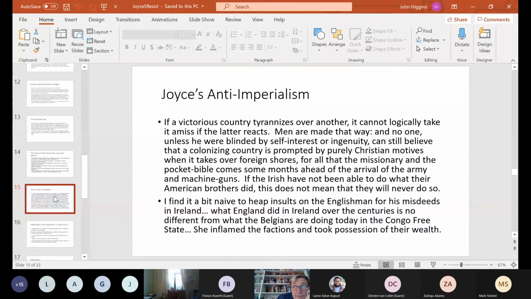So Joyce is staunchly anti-imperialist and writes in favour of decolonizing Ireland, but in a way in which it's not clear to him what that would mean. He rejects the simplicity of asserting a pristine Irish identity that can be returned to, and a return with that of the Irish language.